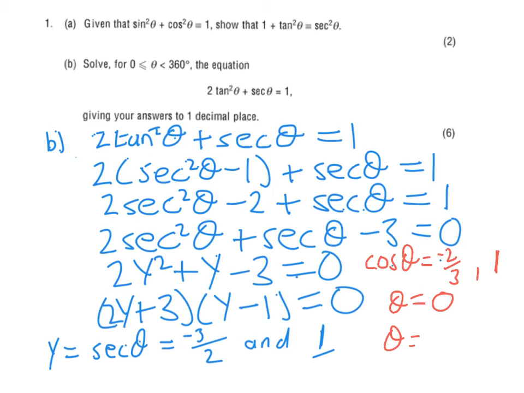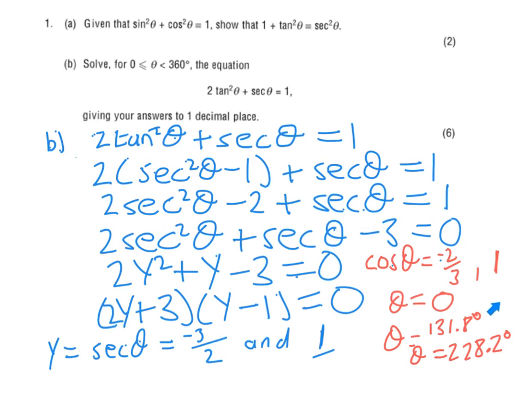And just using our calculator, we can get 131.8 degrees, and also theta equals 228.2 degrees using my multiple solutions. So cos theta equals 1 gives me 0. Cos theta equals negative 2/3 gives me 131.8 and 228.2.